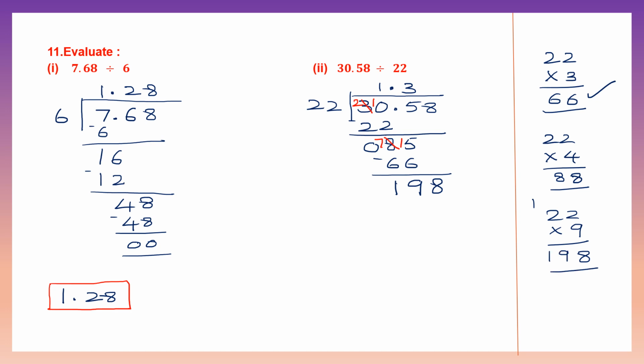So we're getting 198 itself. So 22 into 9 is 198. So when you subtract, you get 0. So our final answer here is 1.39. So this is our final answer.